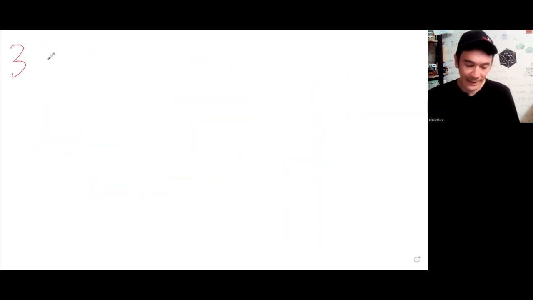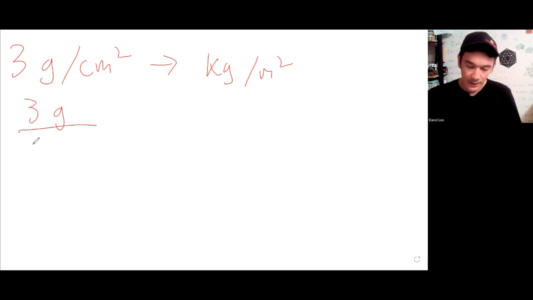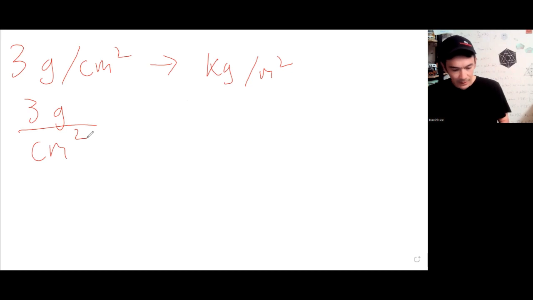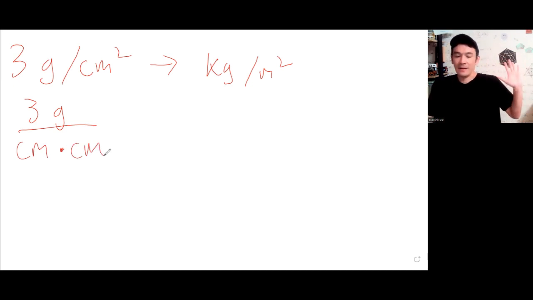How about 3 grams per square centimeter? And we turn this into kilograms per square meter. All right, so let's see. We have 3 grams above, and then we have square centimeters. I'm going to write it a little differently. Instead of square centimeters, I'm going to write centimeter times centimeter. Same thing.